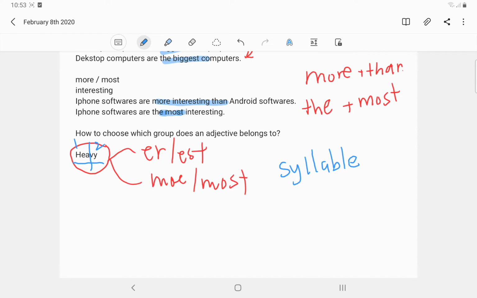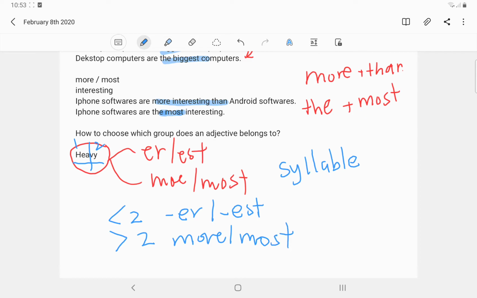So bila dia ada dua syllable dan kurang, dia akan jadi ER ataupun EST. Kalau dia lebih daripada dua syllable, dia akan jadi more ataupun most.